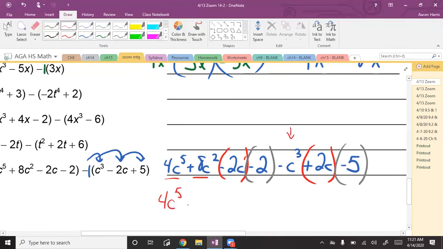The 3rd, right? Minus c to the 3rd. What's the next highest one? Squared. Plus 8c squared minus 2c plus 2c. What happens? -2 plus 2 is 0. So they cancel. What's left? -2 minus 5 is -7. And that is my final answer.